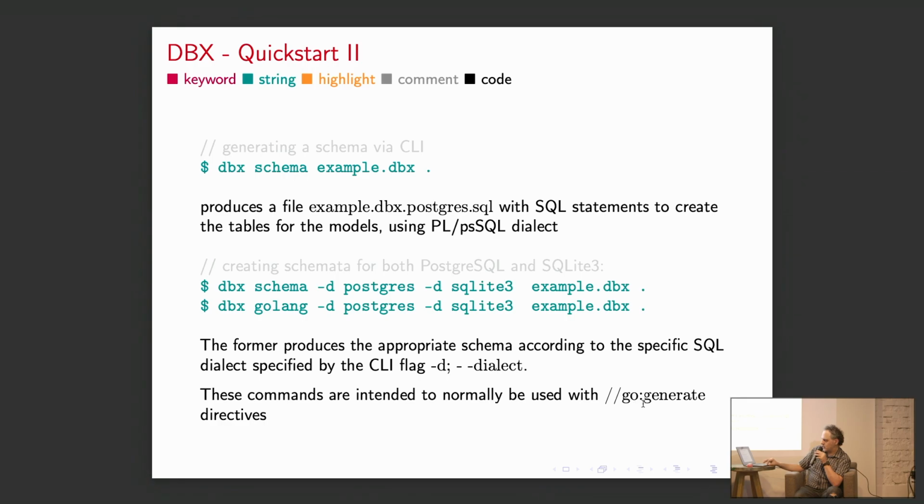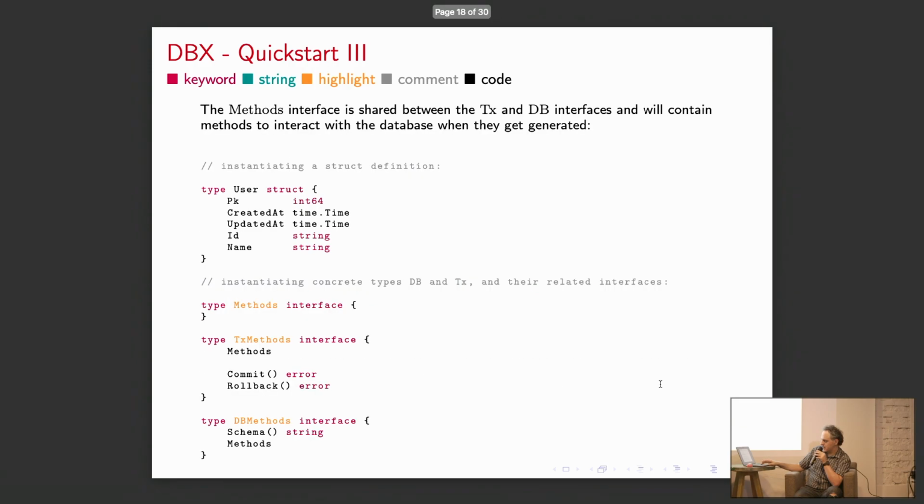And these commands are intended to normally be used with go:generate directives. So the methods interface is shared between the TX and DB interfaces and will contain methods to interact with the database when they get generated. So here is the way to instantiate a struct definition, all right?